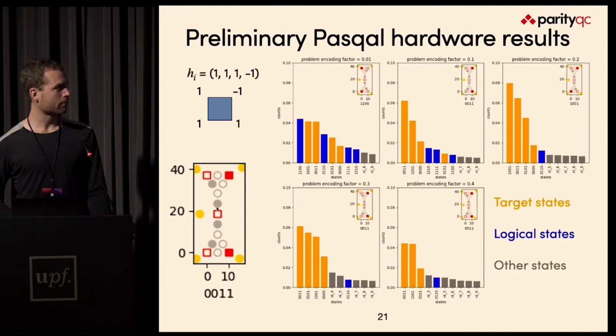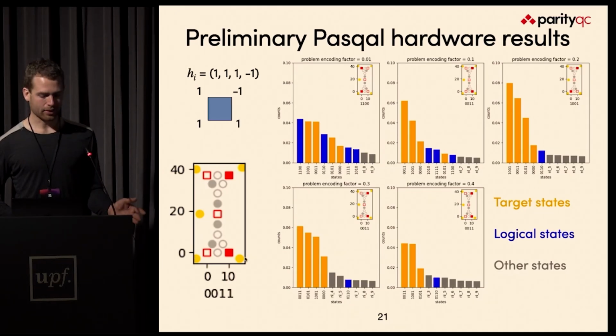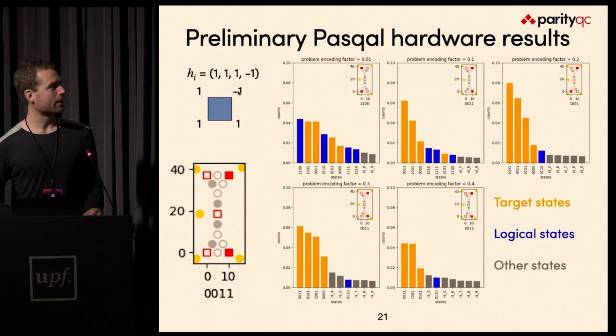So it's a triangle with a link and another triangle. And here these yellow atoms are the anchor atoms that you use to encode also the problem. It's maybe hard to see, but this atom is slightly further away than the other 3 atoms, which means that this atom helps you encode the -1, which is different from the 1, 1, and 1 on the outsides here.